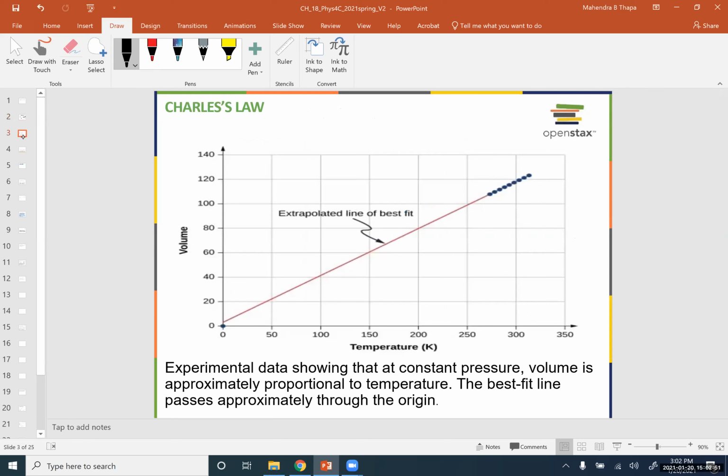Similarly, the other is Charles's law. In Charles's law, it gives the relation between volume and temperature, but we have to keep the pressure constant.